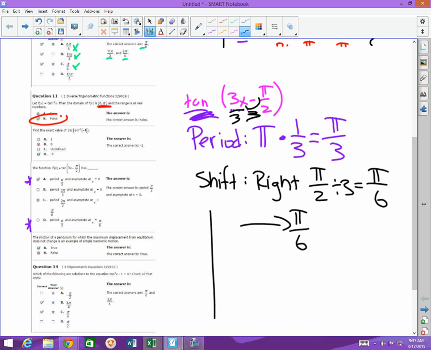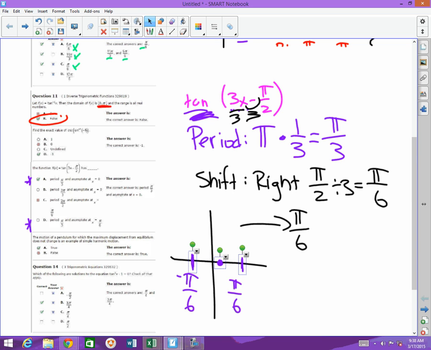Tangent, now, when you graph it, normally it goes through this point here, and then half of the period is here, and half of the period is there. So if we don't have the shifting involved, half of pi over 3 is pi over 6, and this would be a negative pi over 6. But now we have to take this whole thing and shift it to the right pi over 6.